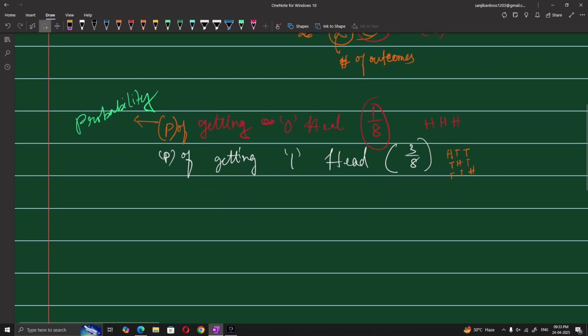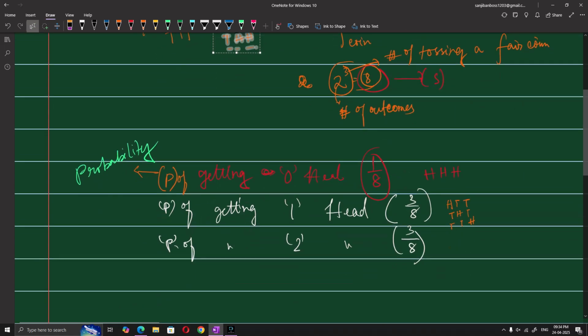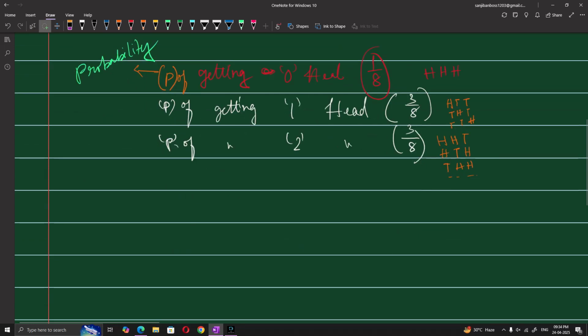And probability of getting 2 heads, that is also 3 by 8. Why? You can see here also these. And the last one is 3 heads, that is 1 by 8, that is nothing but TTT.